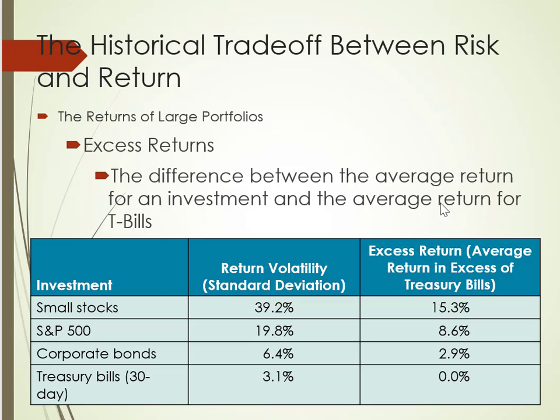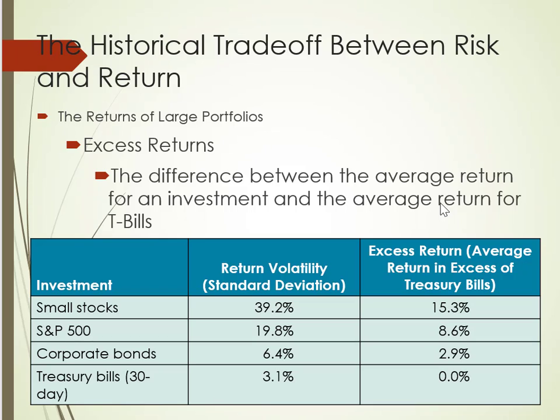So let's think about this. You could invest in risk-free assets, treasury bills, or you can invest in small stocks as a sector. The difference on average for small stocks above the risk-free rate should be around 15.3%.